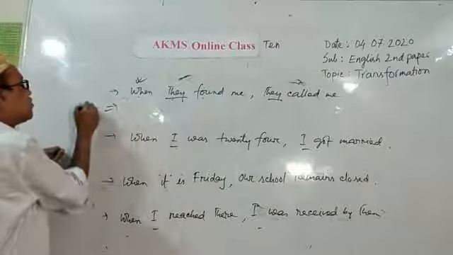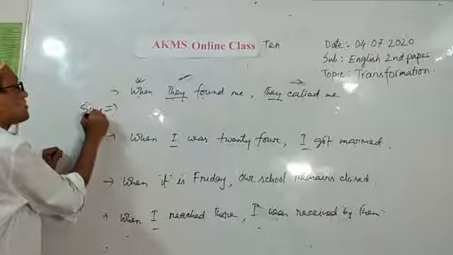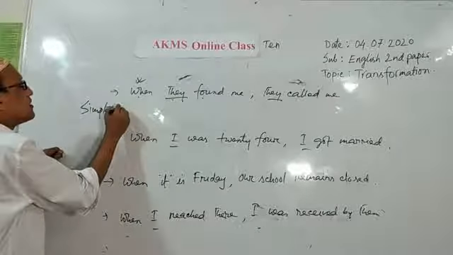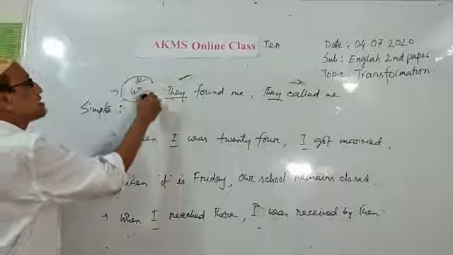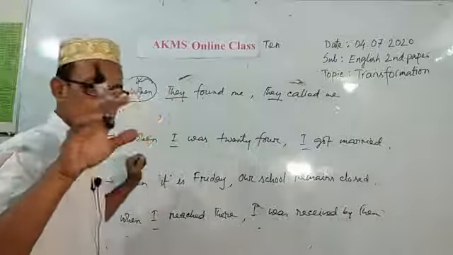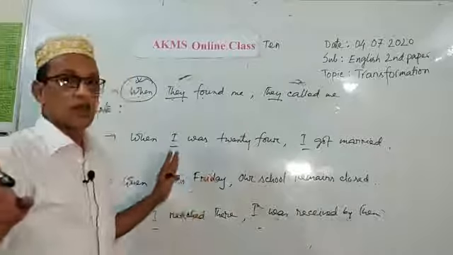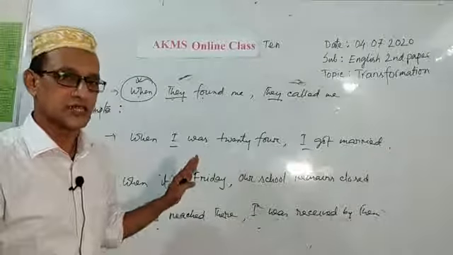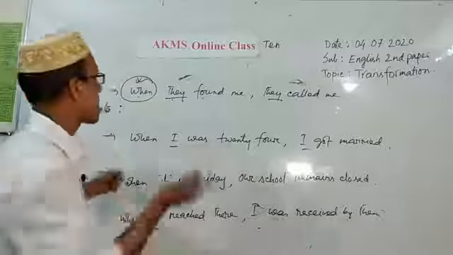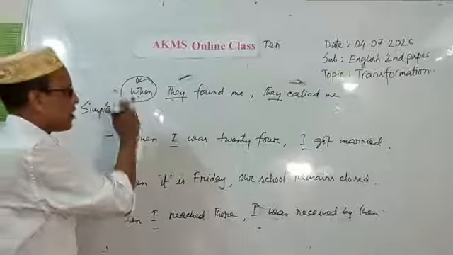Then if you are asked to transform it into simple, first you should erase the conjunction, because you know I cannot use any kind of conjunction in a simple sentence. I can use linkers. I will erase when.